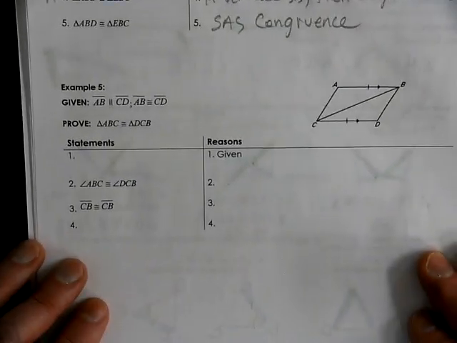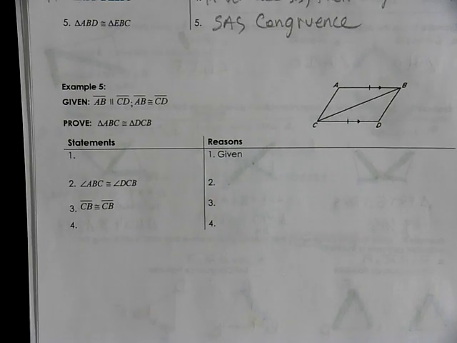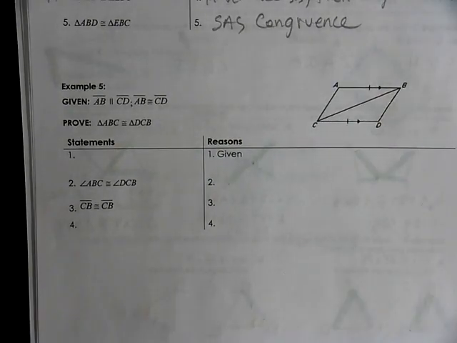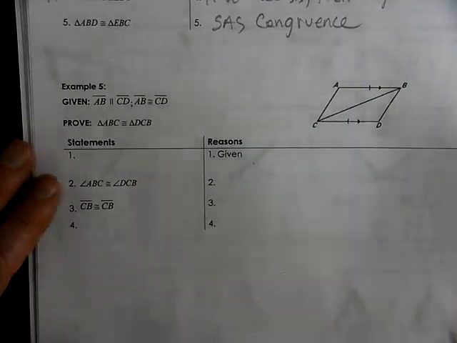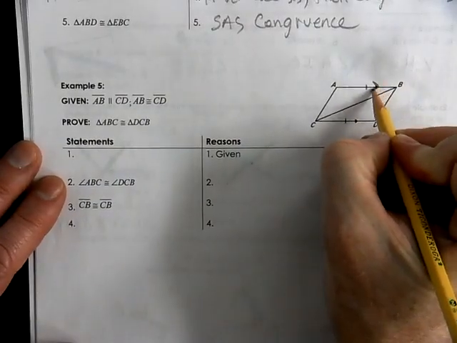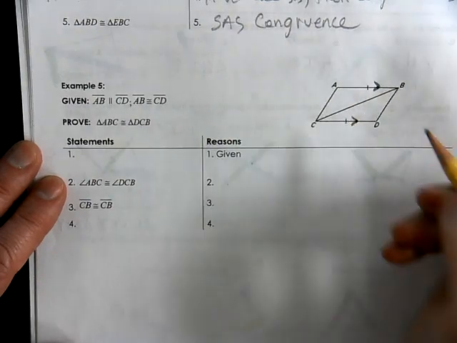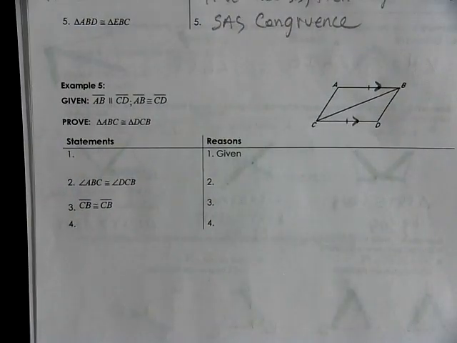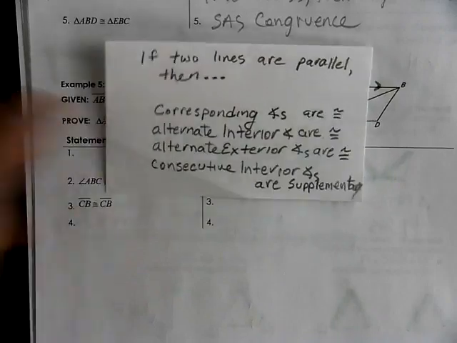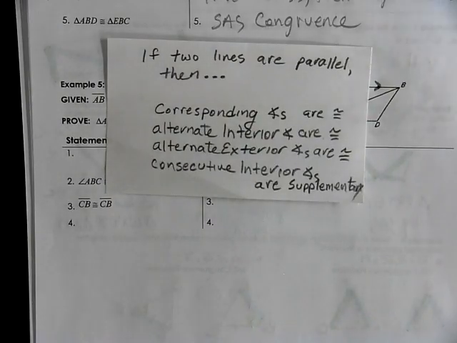Last one. What's the first thing you see when you look at this picture? I see parallel lines. I see these arrows. The arrows indicate parallel lines. And every time you see parallel lines, this is what you think of.